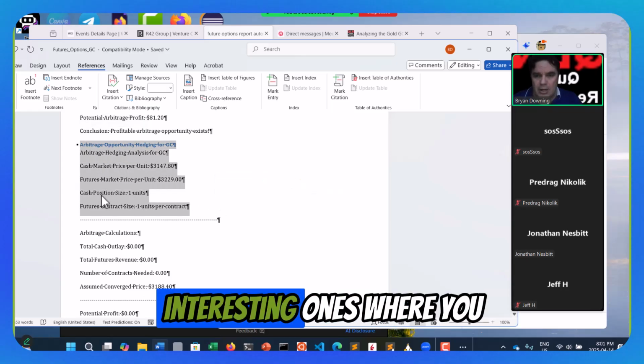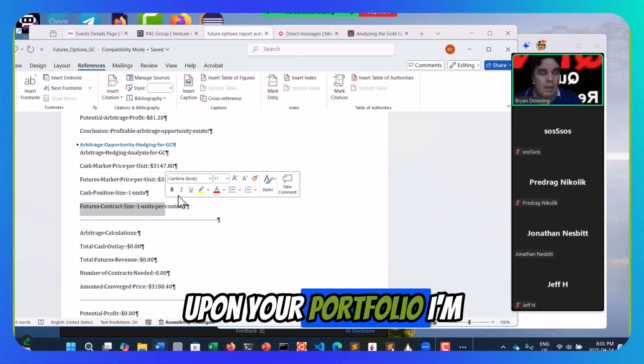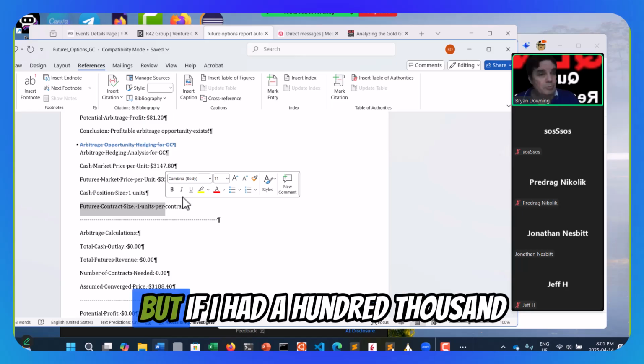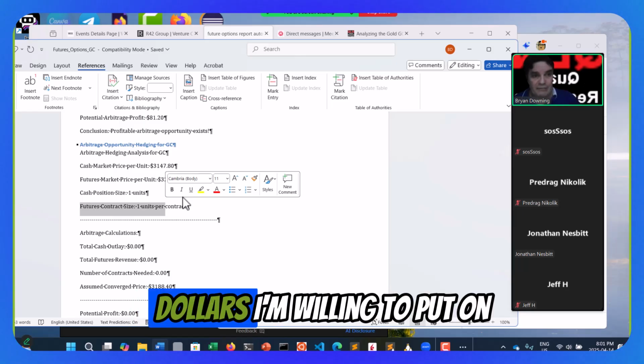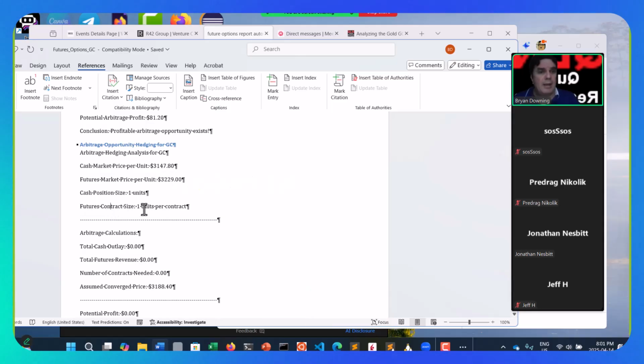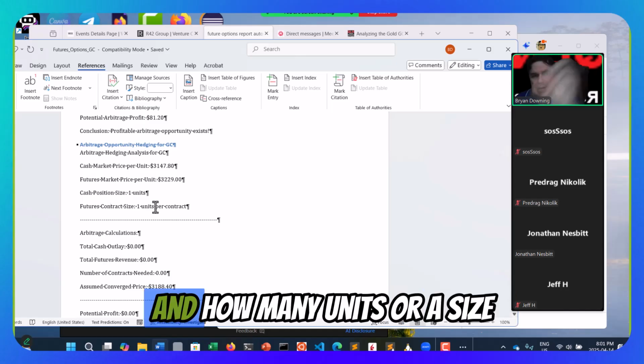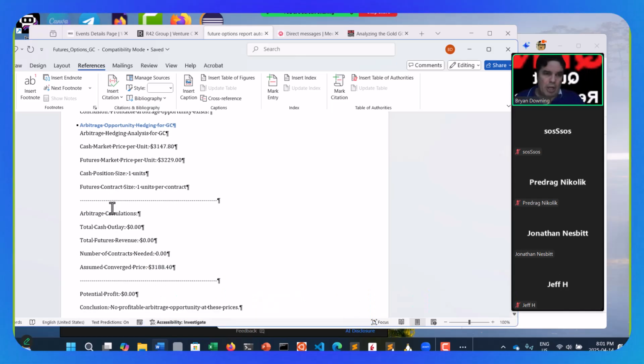Here is some interesting ones where you can figure out, depending upon your portfolio. I'm assuming just one contract, but if I had $100,000, I'm willing to put on this trade. It'll calculate how many contracts I need for the option and how many units or size of the contract as well.